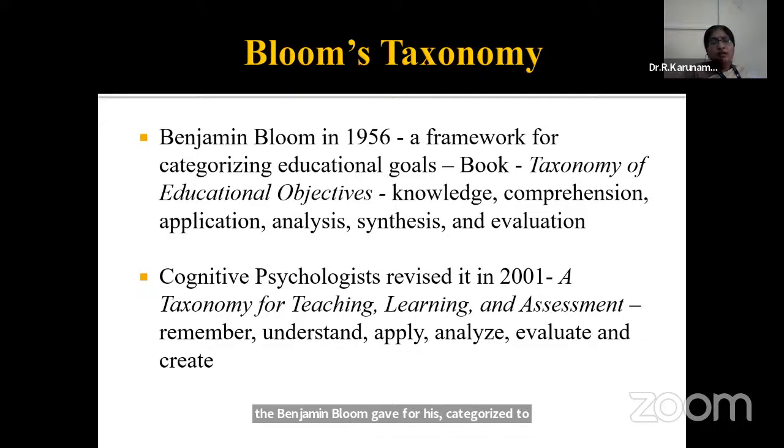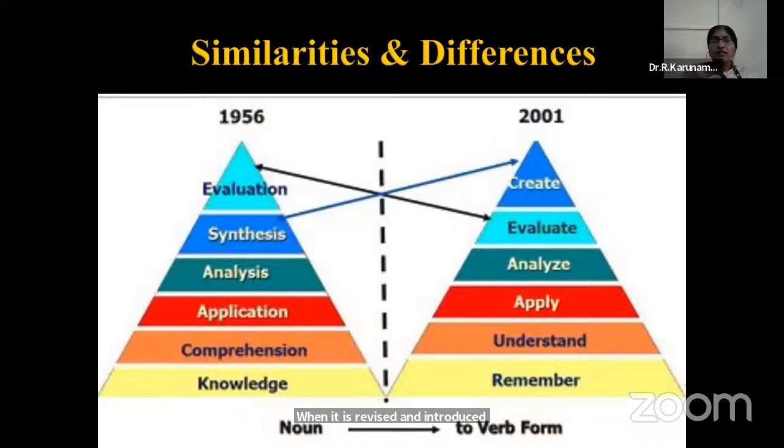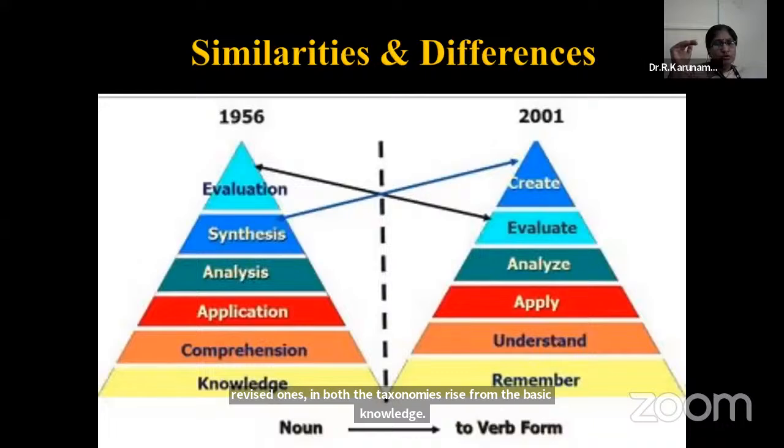When it was revised and introduced as the revised Bloom's taxonomy in the year 2001, they made 2 changes. In both the taxonomies, the original and the revised ones, both rise from the basic knowledge through more sophisticated levels of cognition.